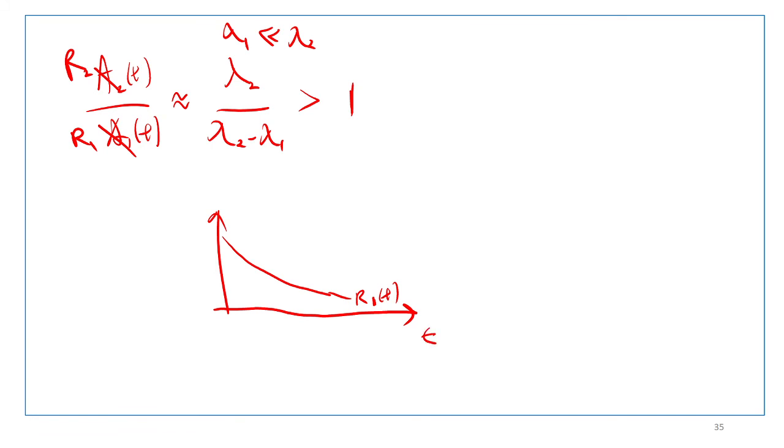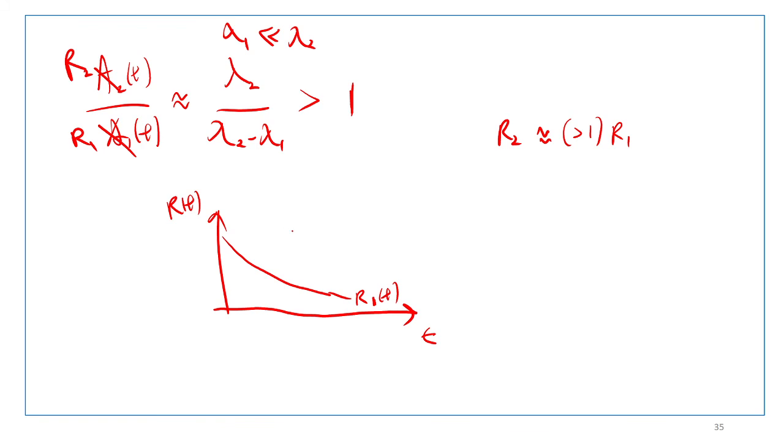So this is t, this is r of t, and as the ratio of r2 over r1 is greater than 1, r2 is about something greater than 1 multiplied with r1.